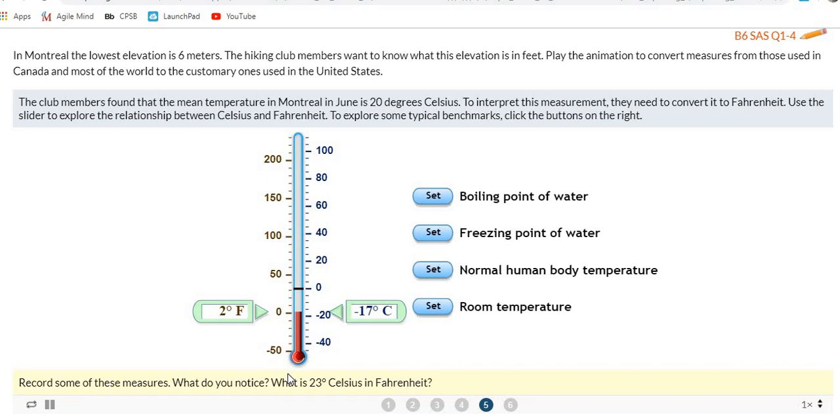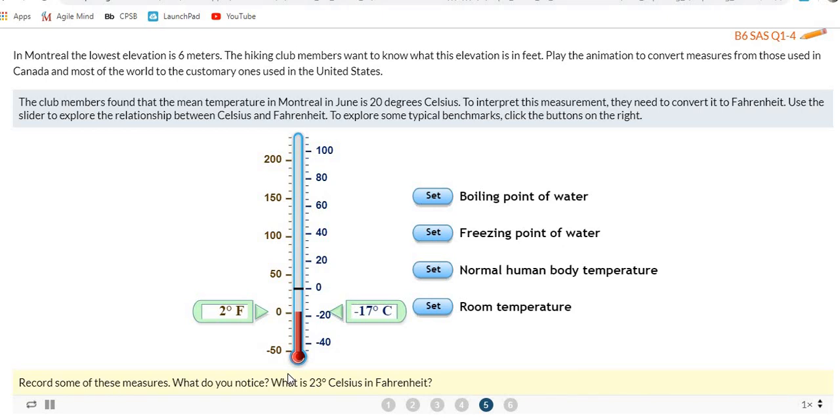What does that round to? Negative 17. And then 2 degrees Fahrenheit probably gave you like negative 17.1. What does that round to? Negative 17. So if we looked real closely, were they the exact same? Not really. If we rounded them, they were, but if we didn't round them, they probably weren't.